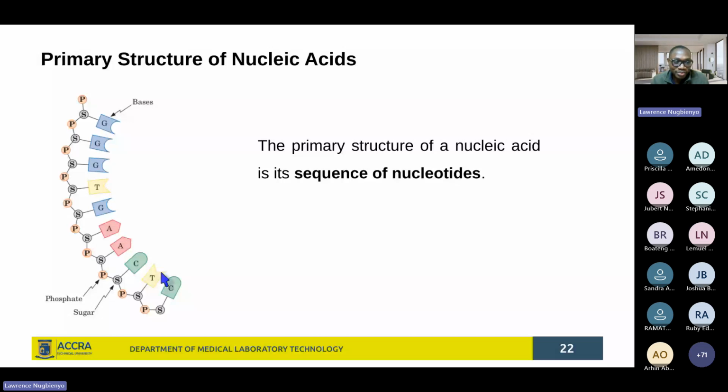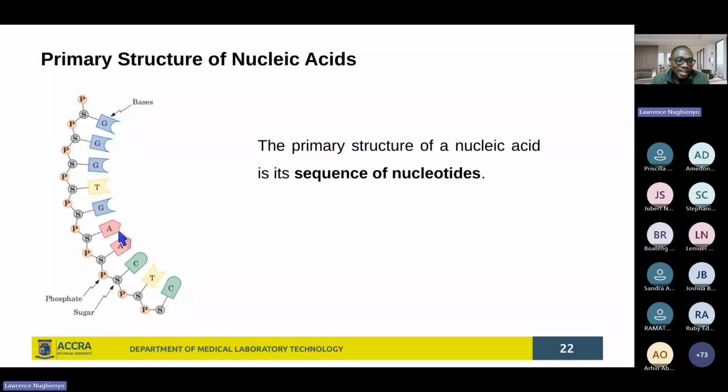So when we say guanine, what we actually mean is guanosine monophosphate. And when we say thymine, what we mean is thymidine monophosphate.